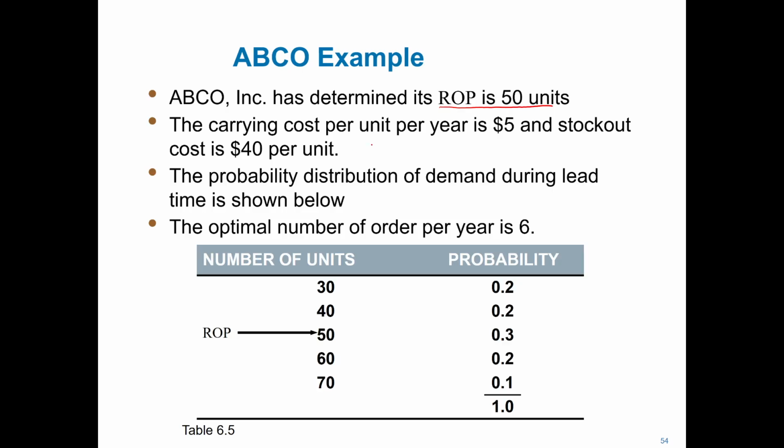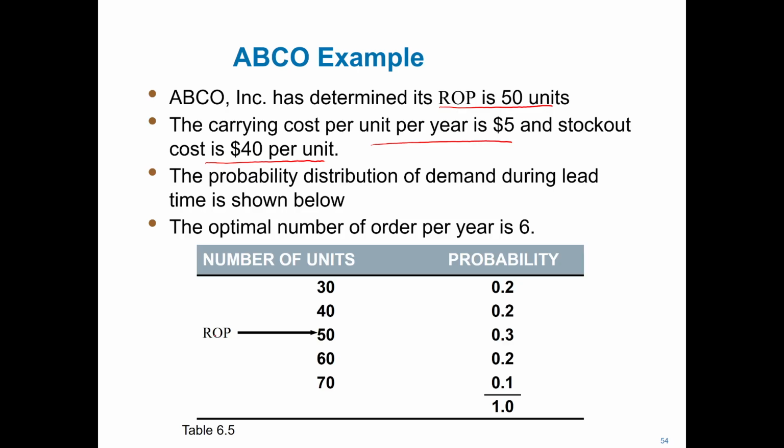The carrying cost per unit per year is $5 and the stockout cost is $40 per unit. The probability distribution of demand during lead time is shown in this table. For example, for demand of 30 units during the lead time the probability is 0.2, 40 units 0.2, etc.